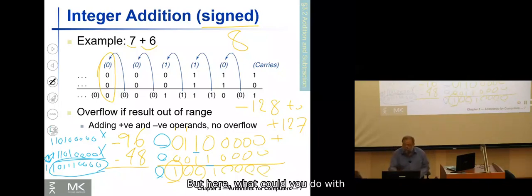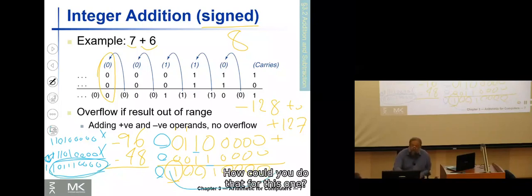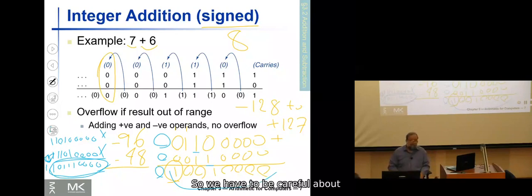But here, what could you do with this number to make it a correct, positive number? And how could you do that for this one? So it is complicated. It is actually wrong. This is a wrong result. So we have to be careful about overflow, especially in signed operations.